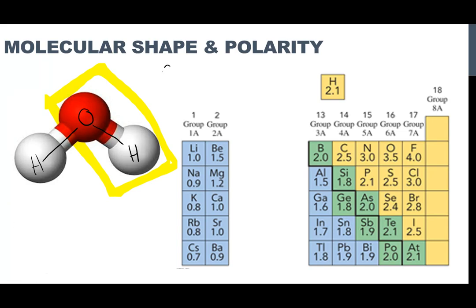All right, so the electronegativity for oxygen is 3.5. For hydrogen, the electronegativity is 2.1. Subtract that, and I get an electronegativity difference of 1.4. With an electronegativity difference of 1.4, what kind of bond is that?